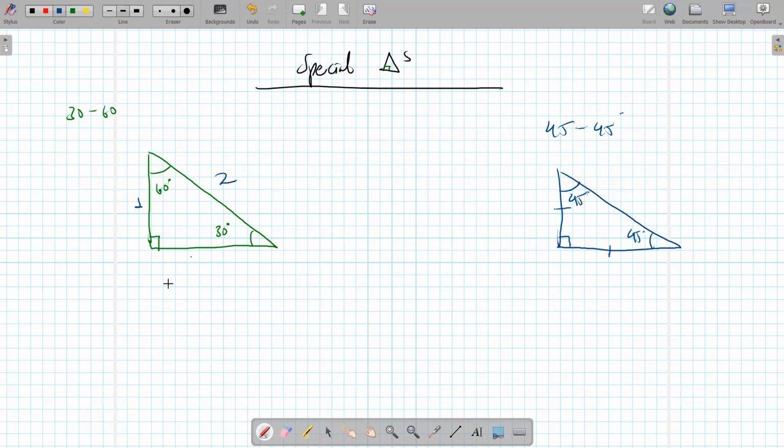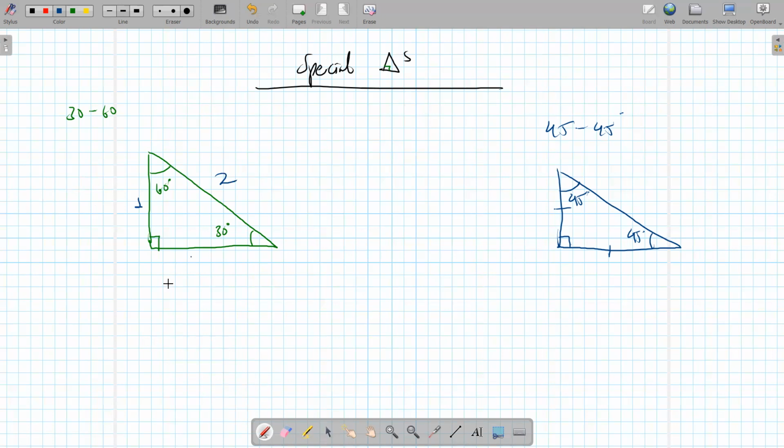How do we find the missing third side? It is a right angle triangle. We know two sides. We're missing the last side. What do we use? I'm going to use Pythagoras, right?